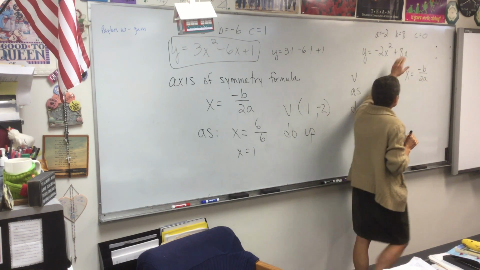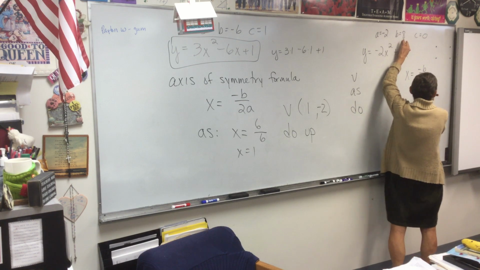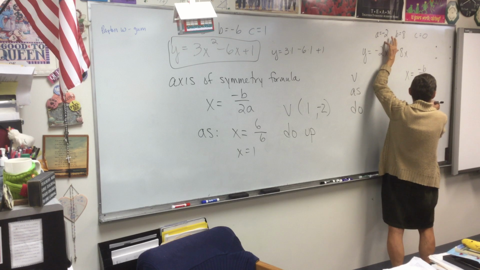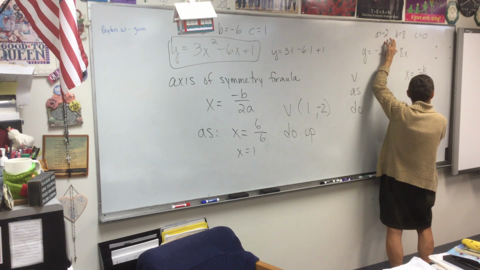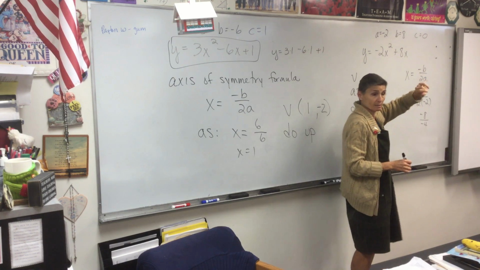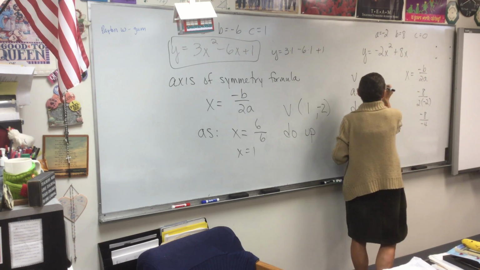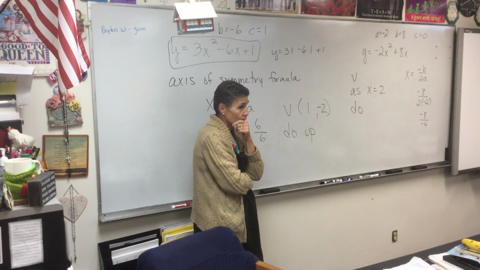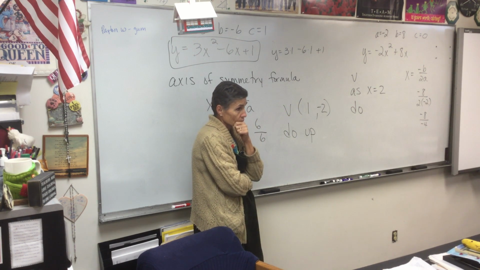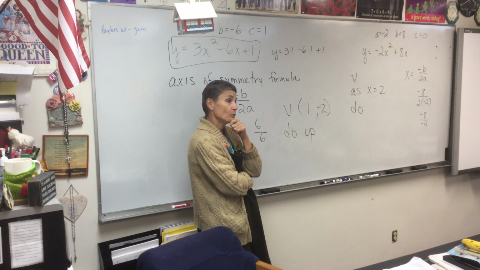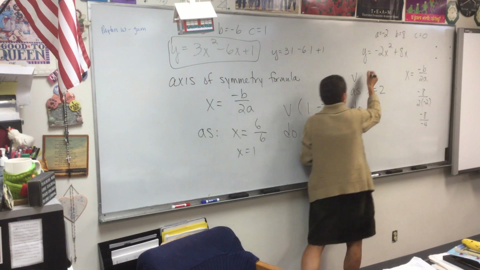So negative b would be negative 8. a is negative 2, so it looks like I have negative 8 over negative 4, which is 2. x equals 2. Jonathan, you still with me? Yep. Now what do I do to find my vertex?